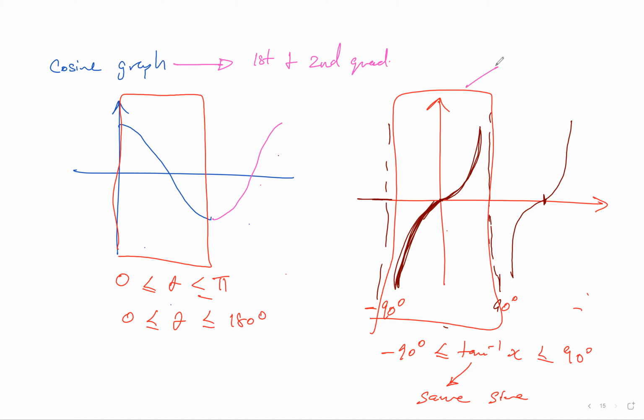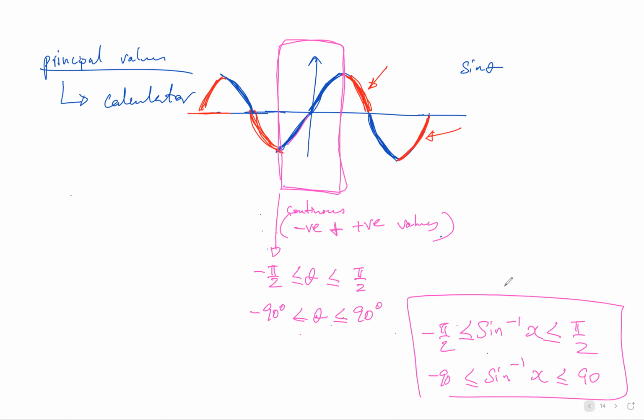This one is first and fourth quadrant, because it will be continuous, from the negative portion to the positive portion. Same for sine, the sine will also be first and fourth quadrant.